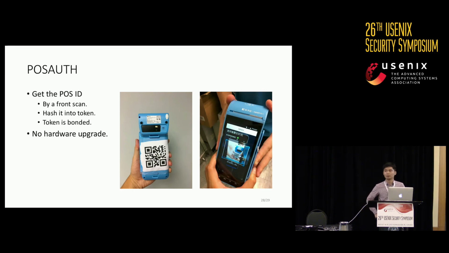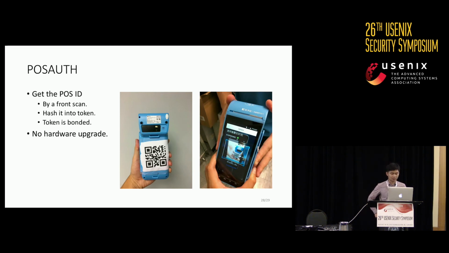When the phone is under the scanner to pay, the phone can first scan the QR code at the backside of the POS machine, decode the POS ID from the QR code, and then generate a token by integrating the POS ID.